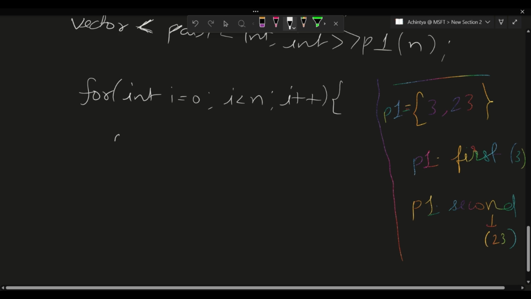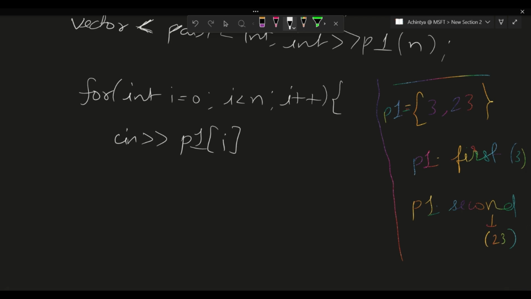Same thing I'm going to do here with cin, but as it is a vector of pair, p1 of i is the first pair of this vector. This accesses the whole pair. Now I write dot first, which accesses this element, and the input is put in this location.